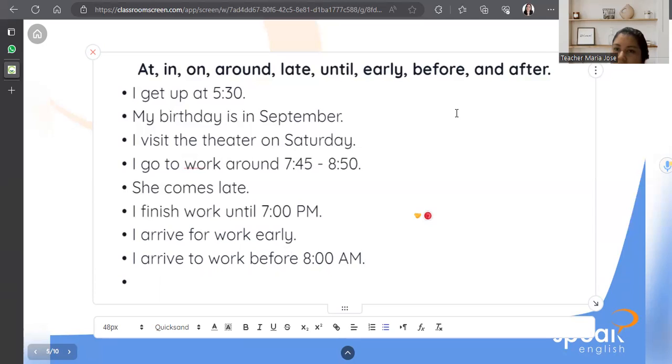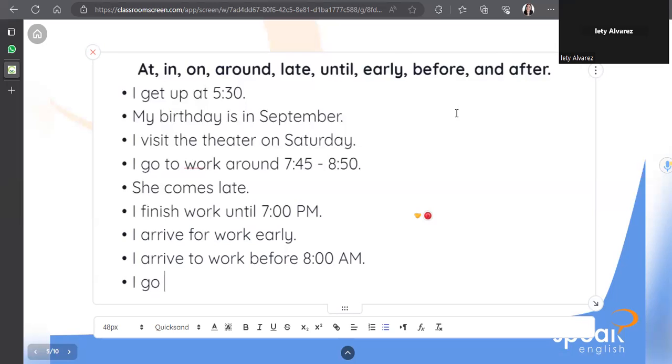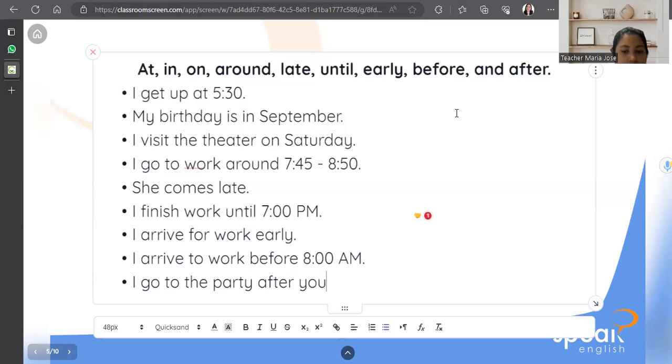And the last one, Letty, after. I go to the party after yours. After, yours or you? After you. Okay, excellent.